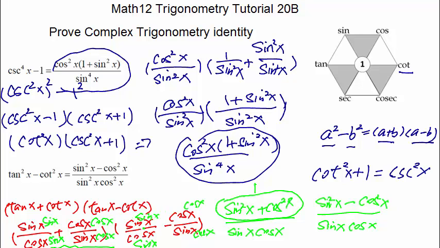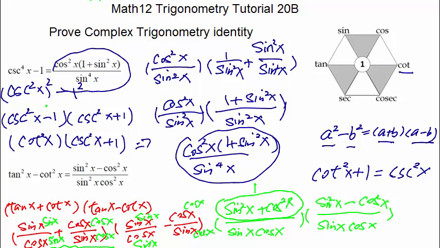So this is sine x squared, cosine x squared. Make sense? Okay, so sine x minus cosine x is one term, and this is the other term here. So the bottom equals sine x times cosine x.